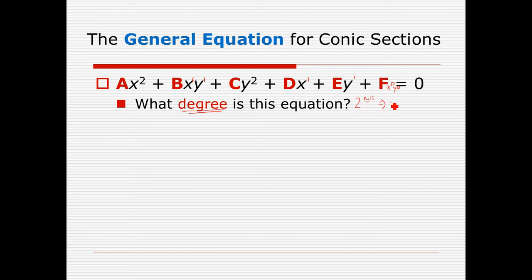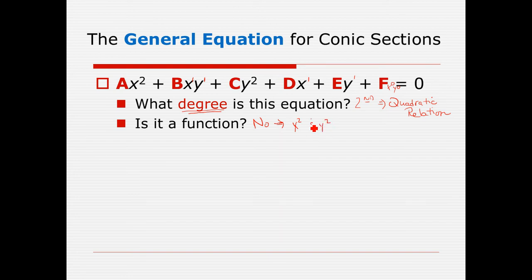And a second degree is quadratic. But this equation for conic sections is not a quadratic function, but it is a quadratic relation, and yes, you need that vocabulary. Not with both x squared and y squared. Right?